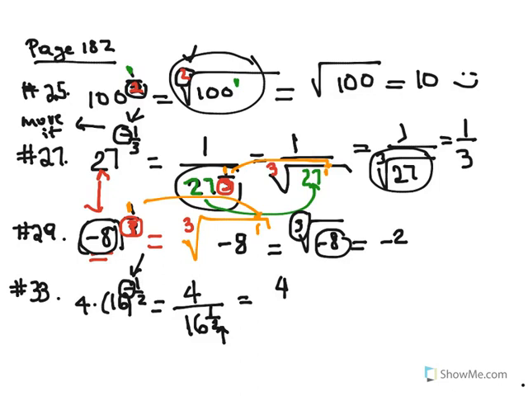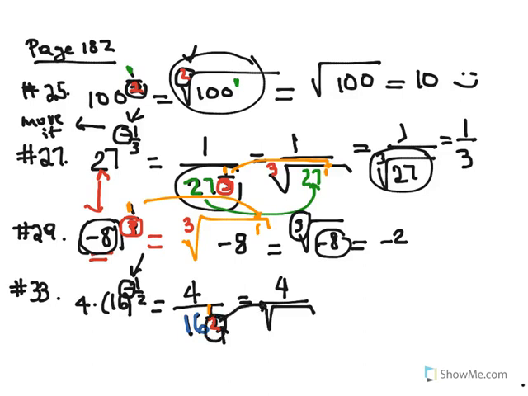So I have now 4 over 16 to the 1/2. I'm going to write this as a radical, that way I won't have any problem finding the value of 16 to the 1/2. The index is going to go right here.